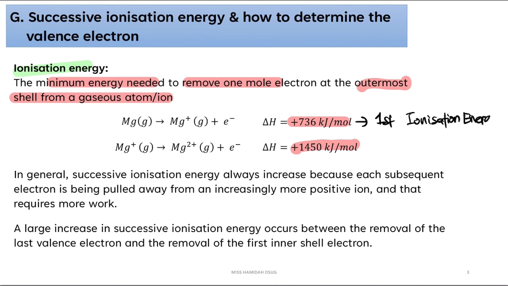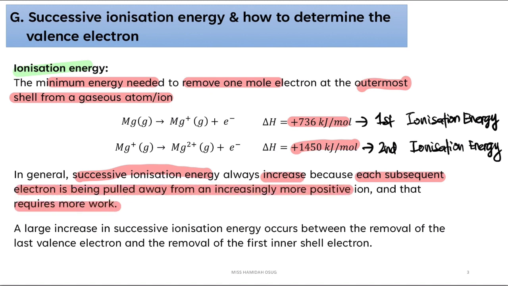That is the successive ionization energy. In general, the successive ionization energy is always increasing, because when an electron is being pulled away from an increasingly more positive ion, it requires more work.